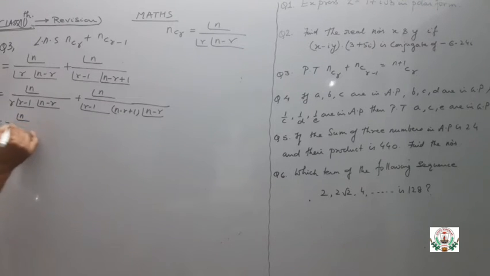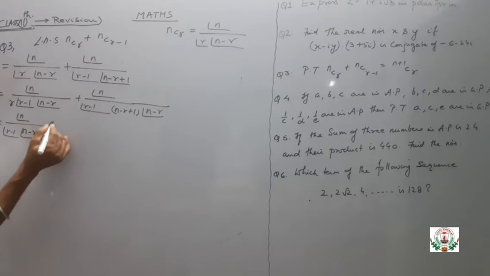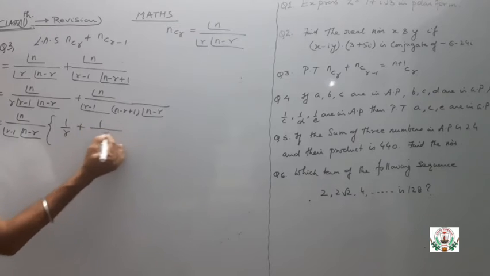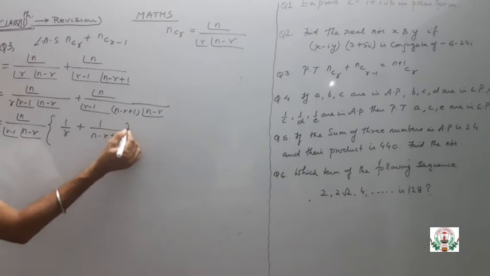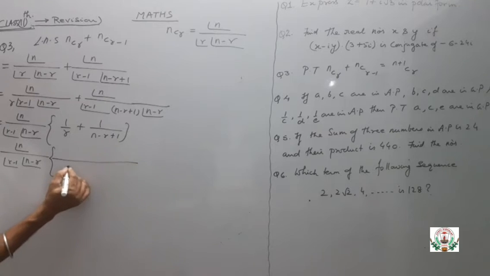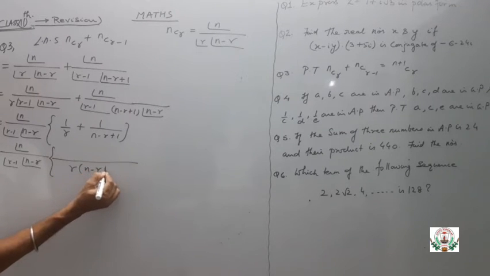So factorial n upon factorial r minus 1 factorial n minus r taken common, we are left out with 1 by r plus 1 upon n minus r plus 1. We now take LCM, the product of both the denominators.